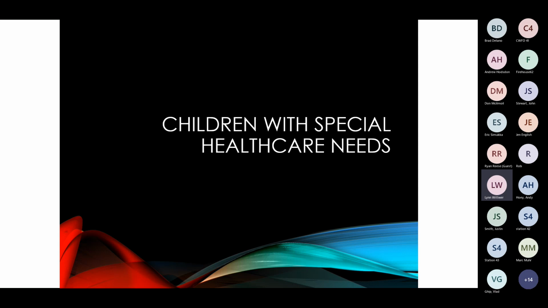The trauma triage tool has some specific things you want to highlight and remember about children. Under the red category, we have changed the definitions of shock based on blood pressure.